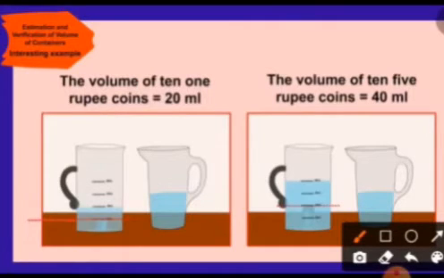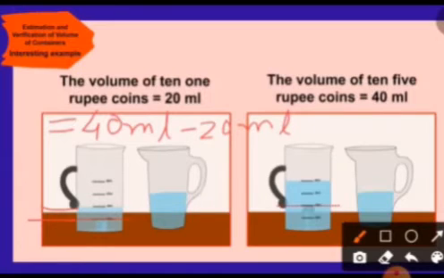Then I put 10 1 rupee coins in this water. So the water level will become 40 ml. Means the volume of 10 1 rupee coins is equal to 40 ml minus 20 ml, which is equal to 20 ml.